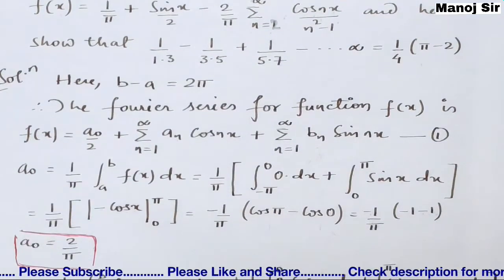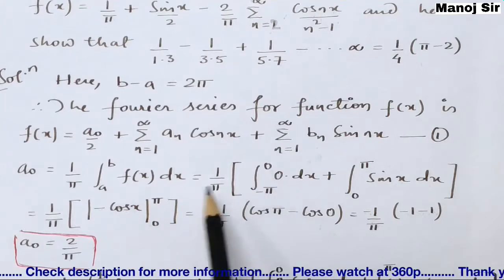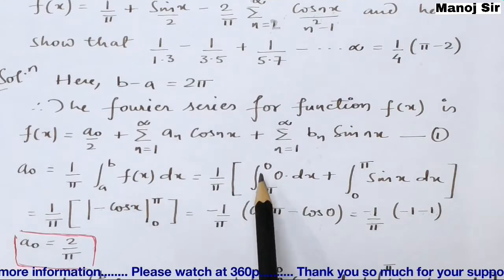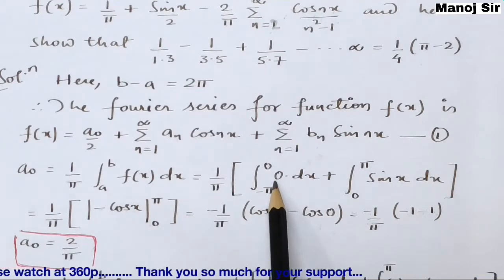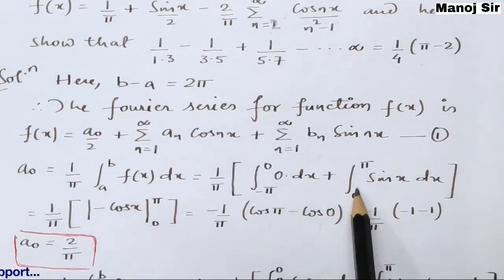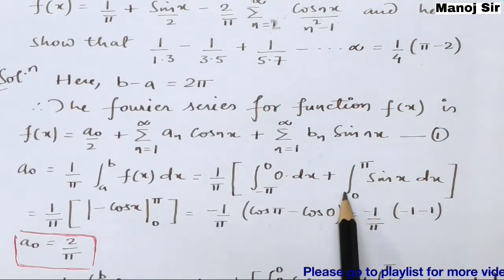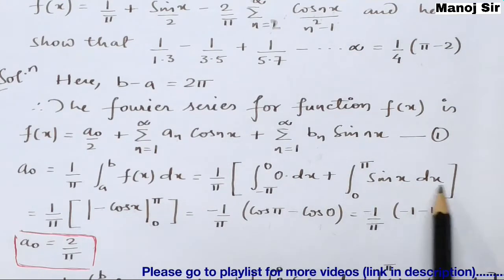So integration minus pi to 0 0 dx plus integration 0 to pi sine x dx.